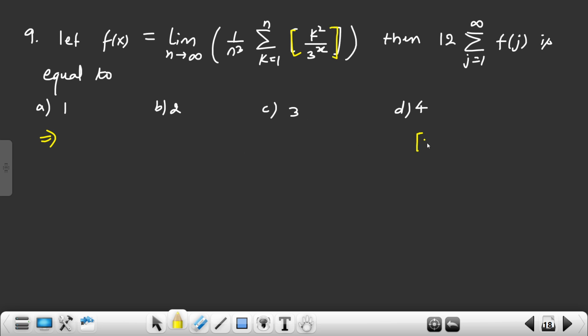Now you know that any greatest integer function I can write as number x minus fractional part of x.